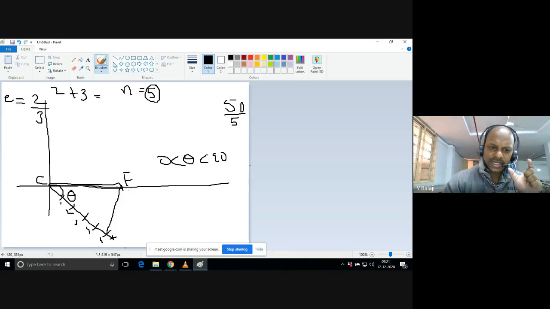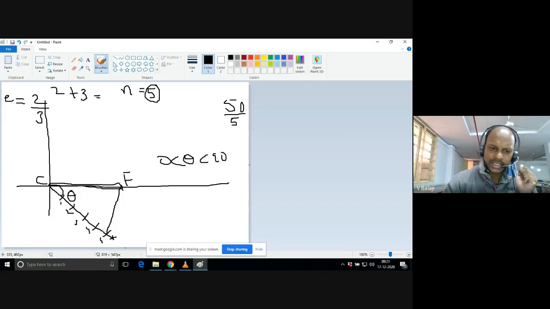CF is our line, right? The initial point is C, the end point is F. You need to join the last fifth arc with the help of an ordinary scale to the other end of the line to be divided.